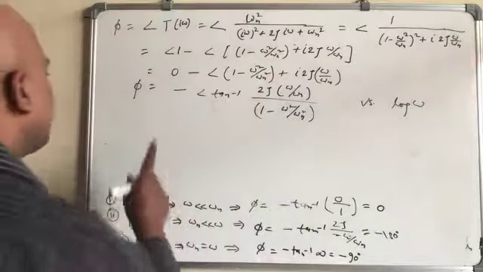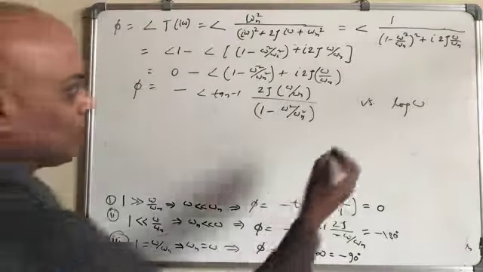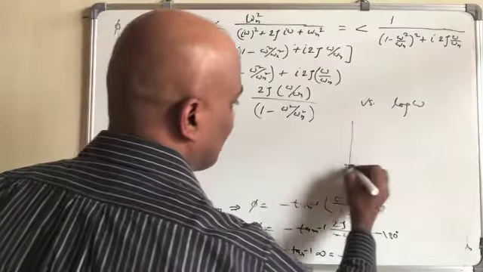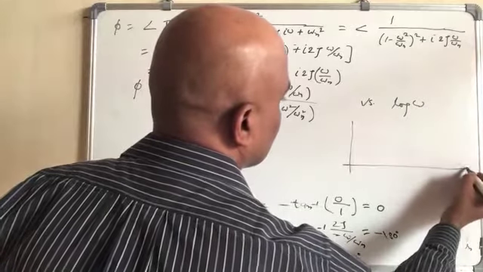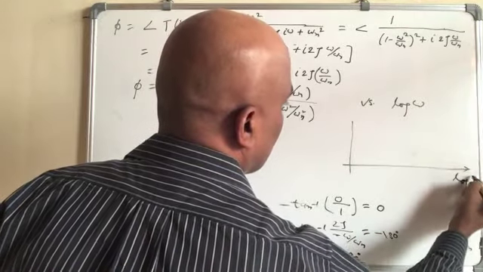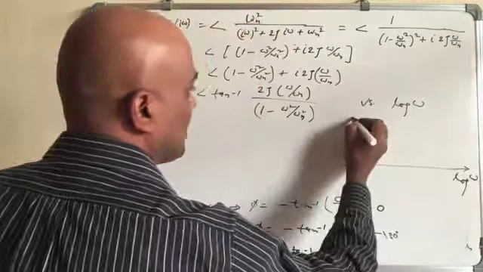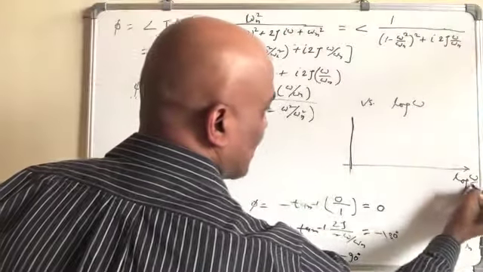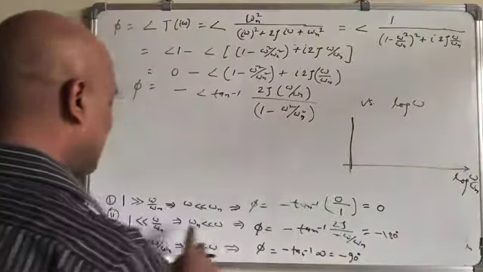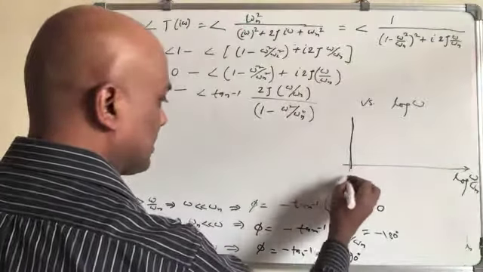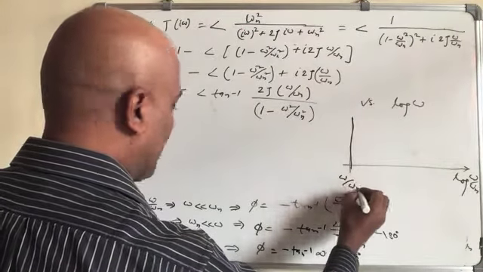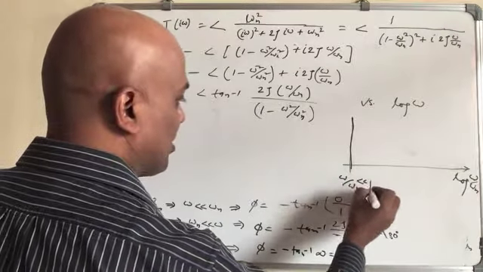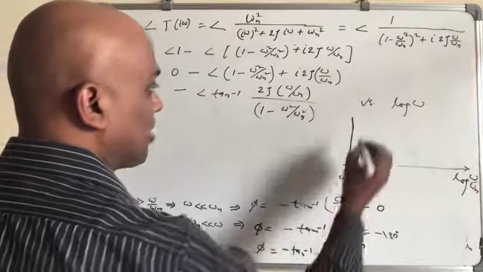So simply what it tells you is that we can draw the phase diagram, and this will be log omega over omega n. When omega over omega n is far less than 1, in that case you have 0.